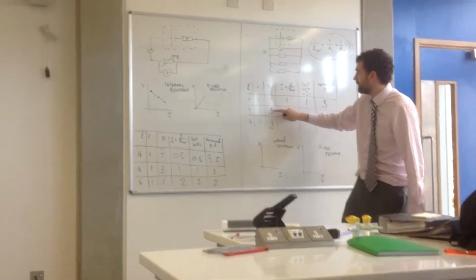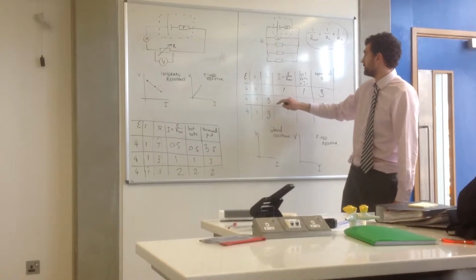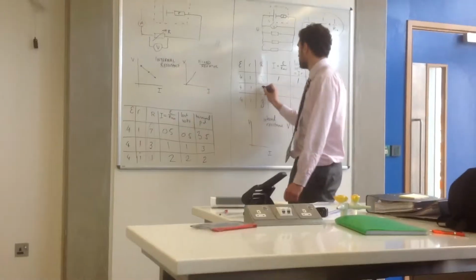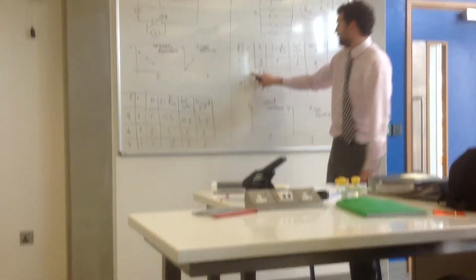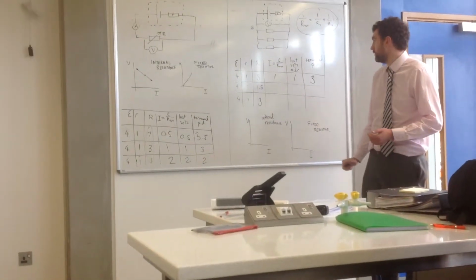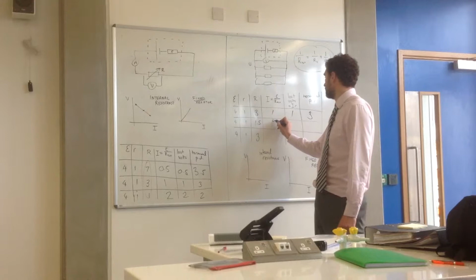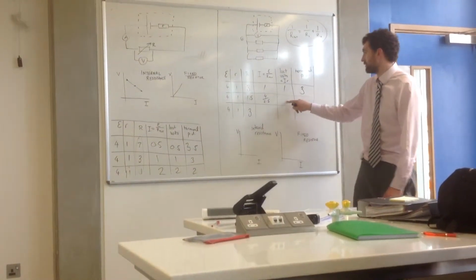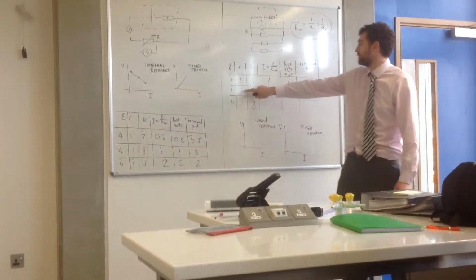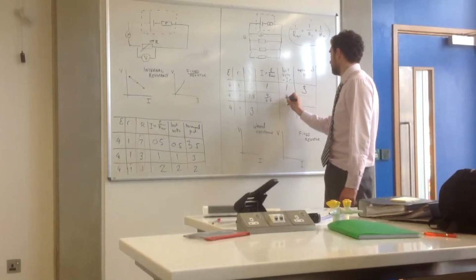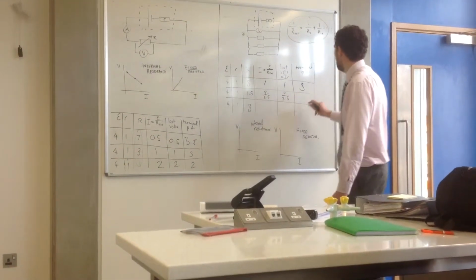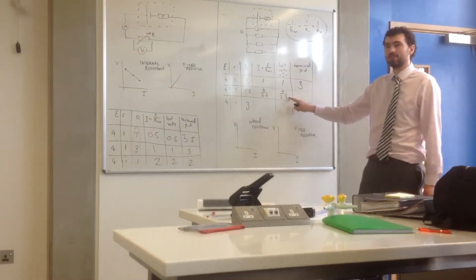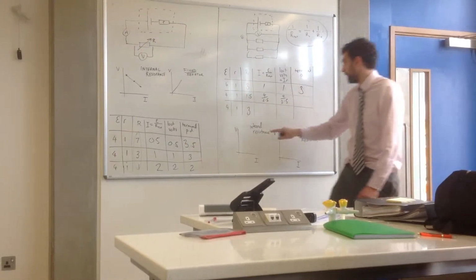So my total resistance is not 3, the external resistance is 1.5, plus 1 is 2.5, so the current is going to be 4 over 2.5. Someone can check that out for me in a second. So my lost volts is going to be my current times my resistance, which is 4 over 2.5, and my terminal PD is going to be this minus this, which someone can check out for me.